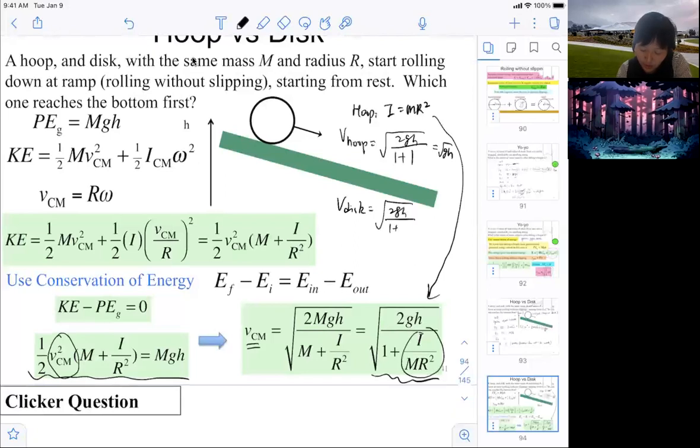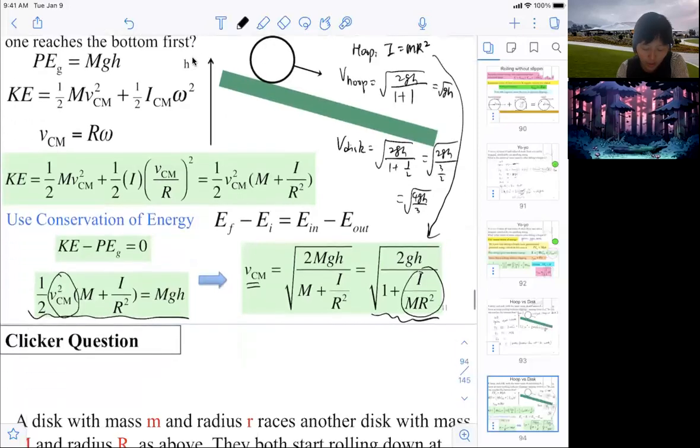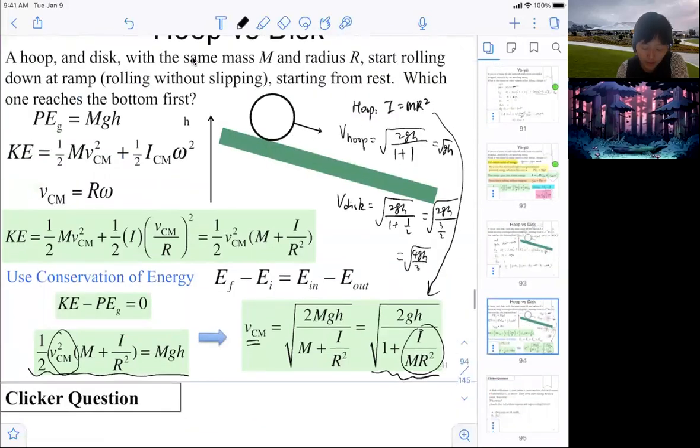So this becomes 1/2, so you get 3 over 2, and you get the square root of 4/3 gh. So the disk will come down first because the disk has a bigger center of mass speed. All right, so that is the second example we have.